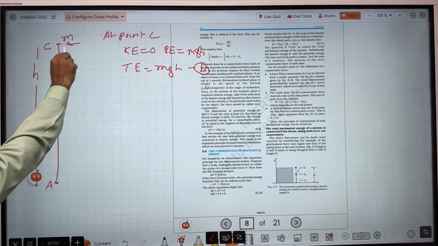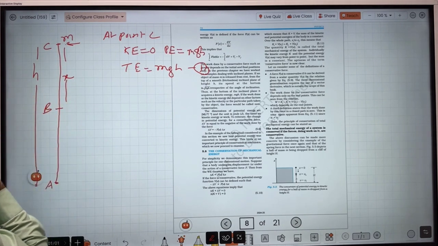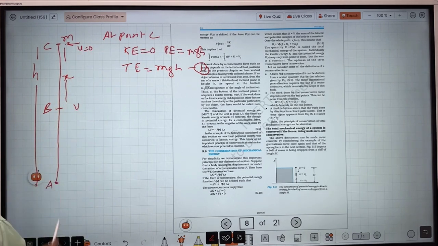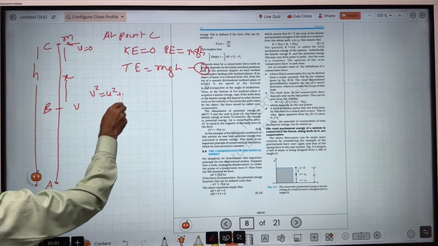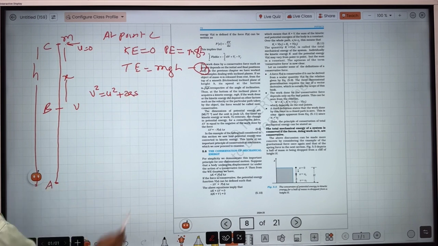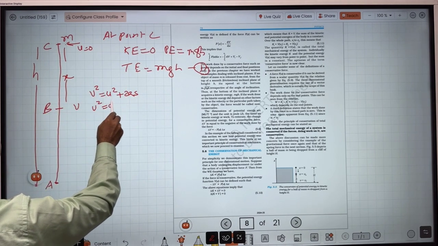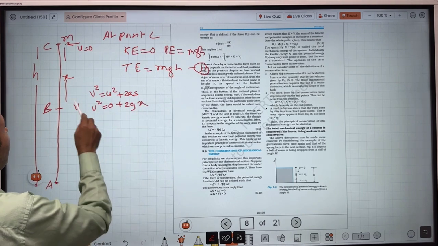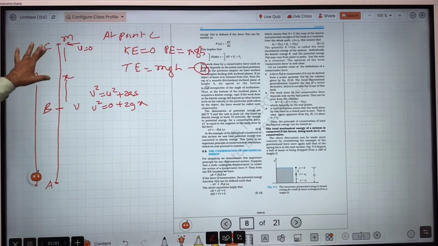Now when the object is allowed to fall, suppose it covers distance x, so it will acquire a certain velocity. Here u is 0, suppose the velocity acquired at this point is v. Applying the formula v square equals u square plus 2as, v square equals 0 plus 2g times x, where the distance fallen is x. Now we have to find the kinetic energy.